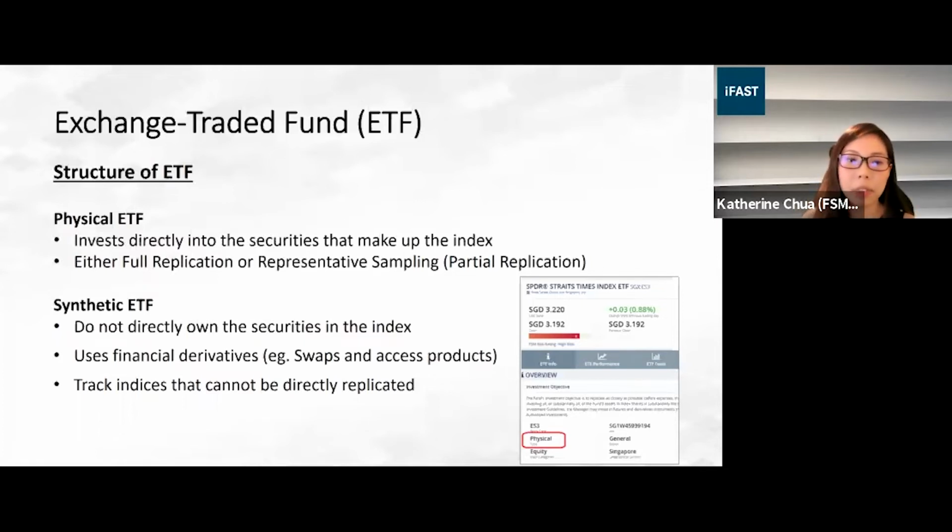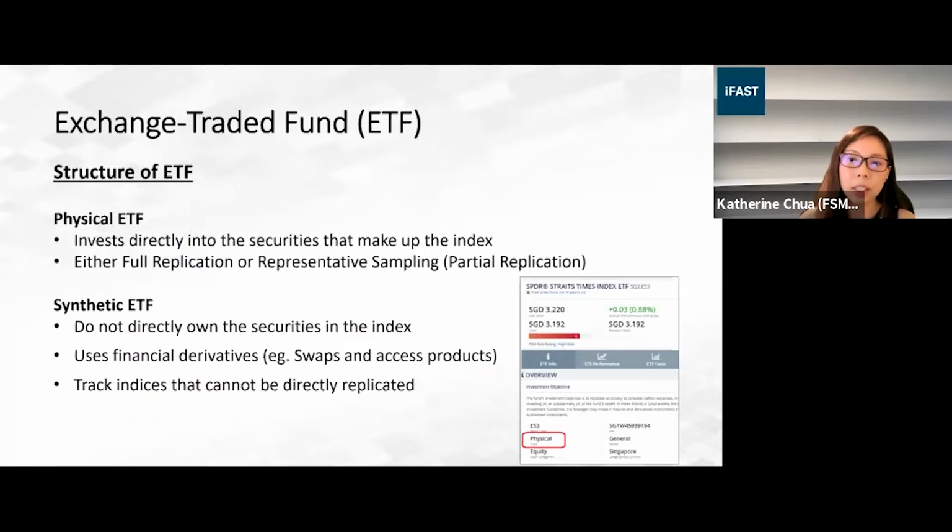The second type of ETF is the synthetic ETF. These are ETFs that invest in financial derivatives like swaps, or access products like participatory notes, with the aim of producing the performance of the index. In other words, these synthetic ETFs don't actually hold the assets in the index itself.